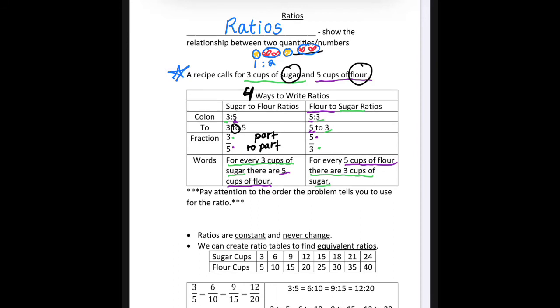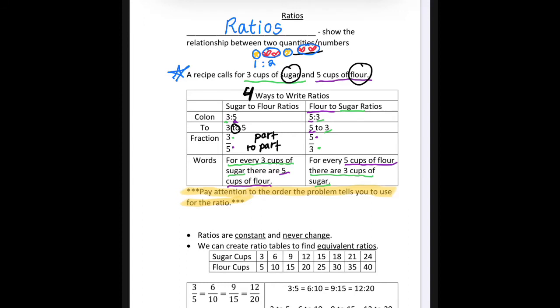Make sure you pay attention to the order the problem tells you to use for the ratio. Otherwise, you can get mixed up and then all your numbers will be wrong.